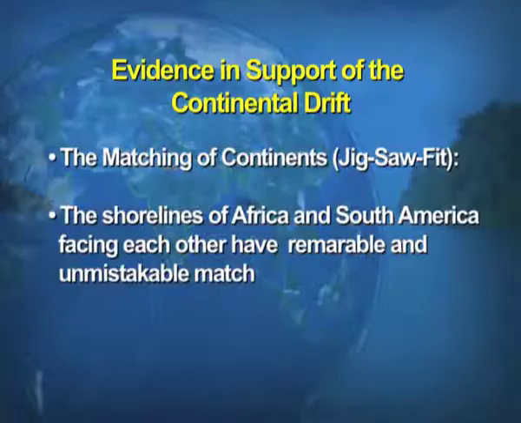Now, there were some evidences in support of the continental drift which he put forth. He gave the concept of jigsaw fit, wherein the shorelines of Africa and South America facing each other have a remarkable and unmistakable match. He talked about rocks having a similar age across the oceans.